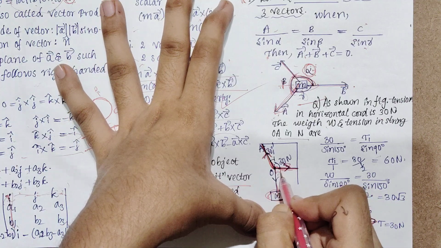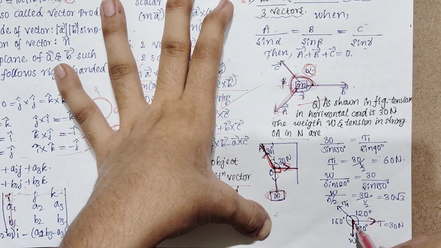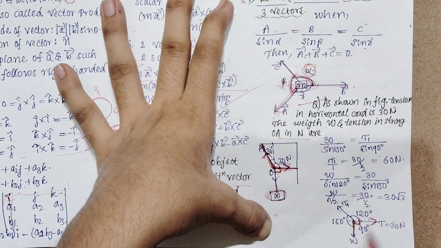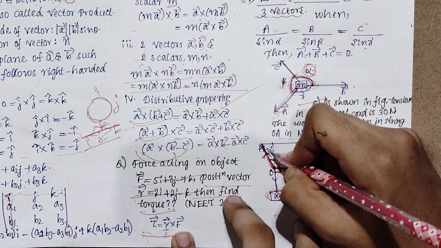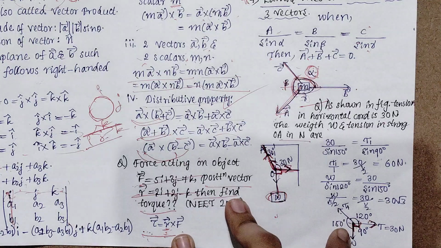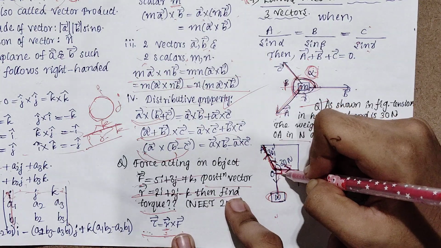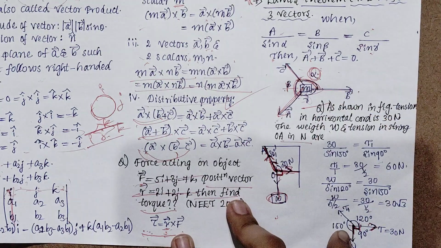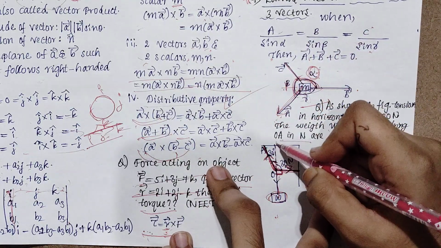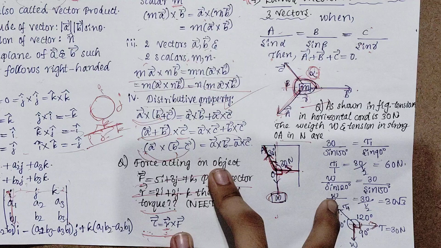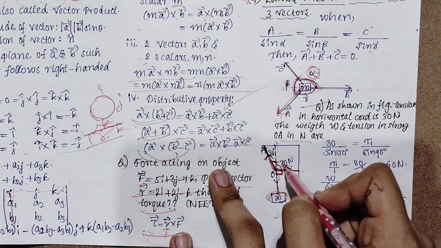Now you know this angle is 90 degrees. They have mentioned this angle as 30 degrees, right? If we draw it like this, these two are perpendicular, that means the angle between them is 90.